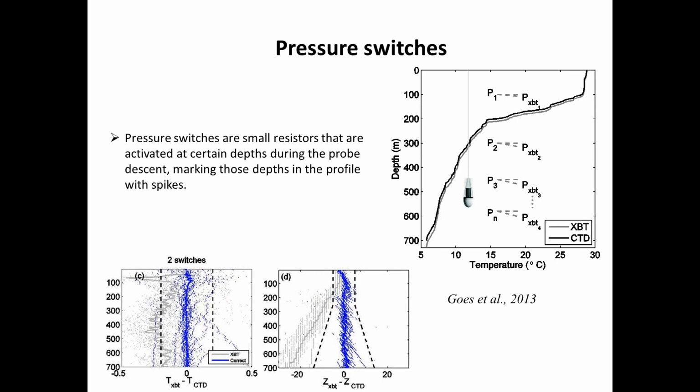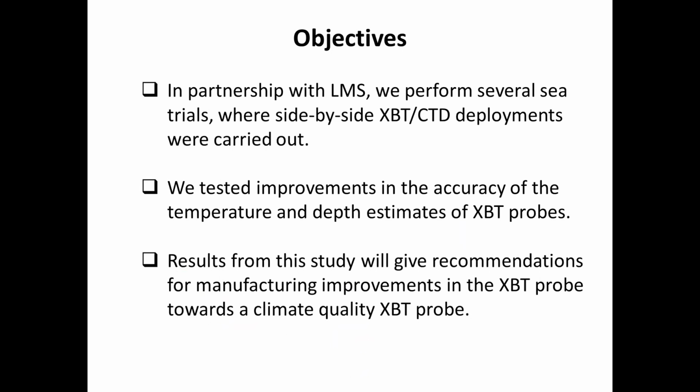However, this can't be produced right now, and there are a lot of manufacturing constraints that don't allow it. So the main objective of this study is on the temperature side, not the depth side, but with implications for depth as well.